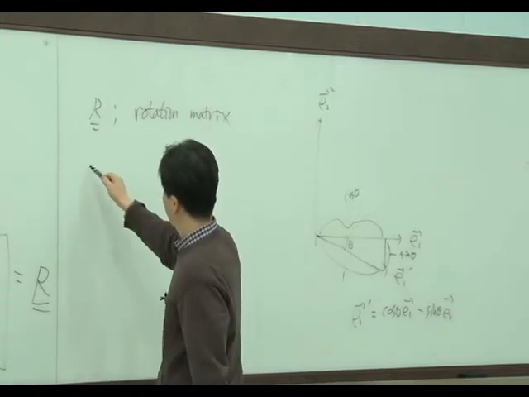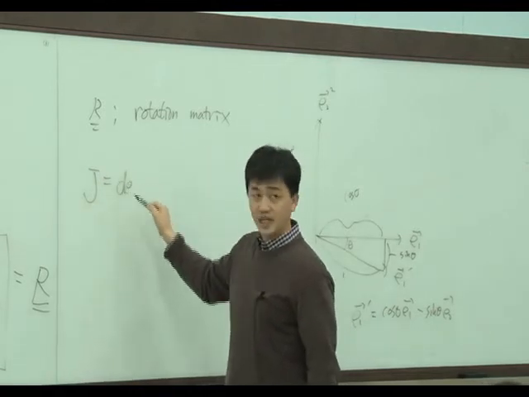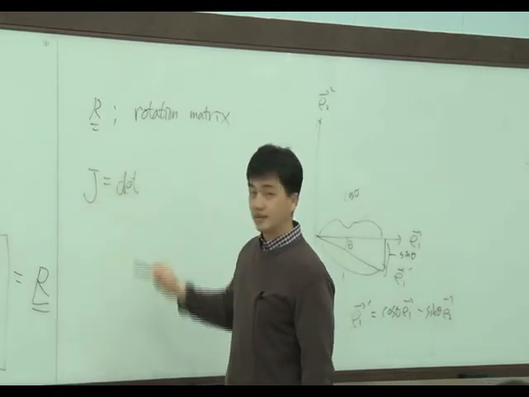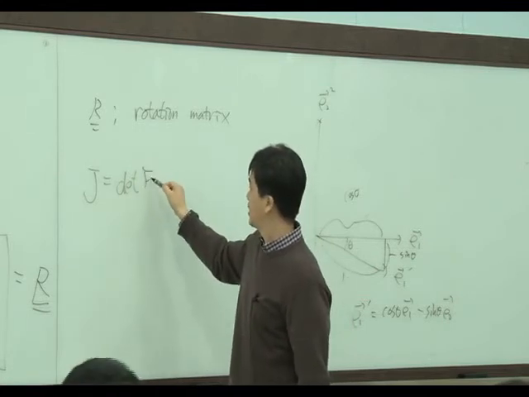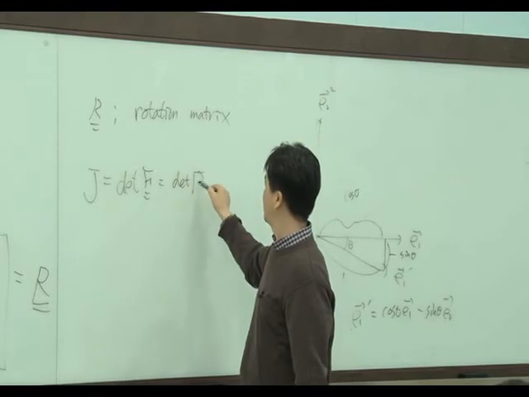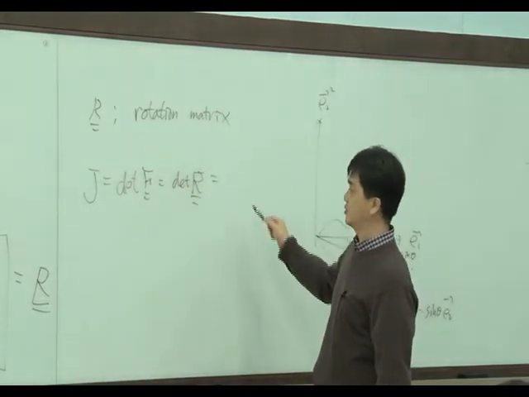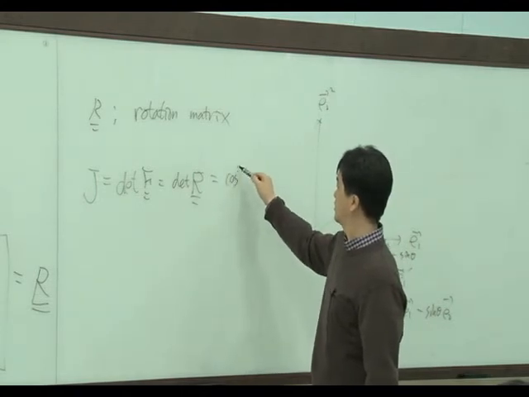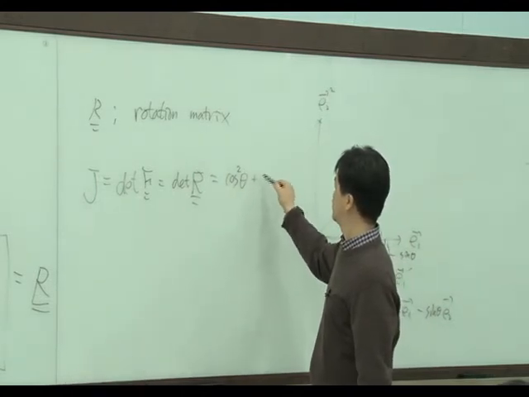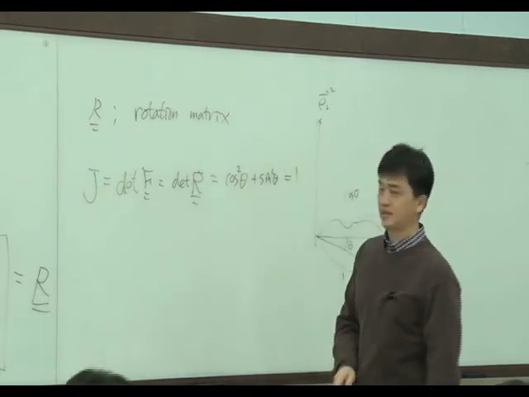Okay, so let's calculate J. J is the determinant of F, the determinant of R. What's this? Cosine square plus sine square equal 1.